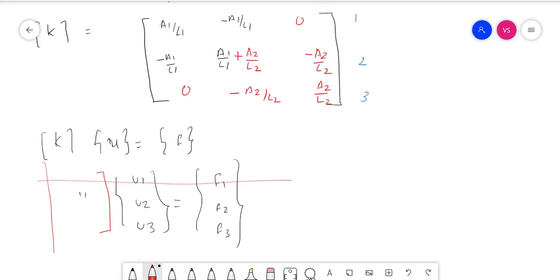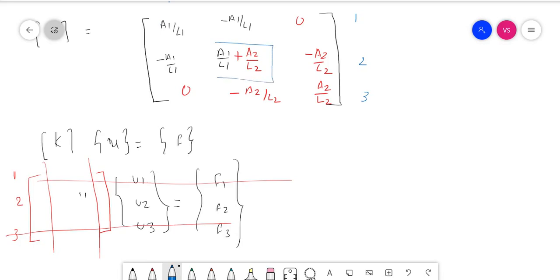Assume that K matrix is like this: this is the first row, this is the second row, and this is the third row. First row, first column will be removed, and third row, third column will also be removed. Then you will have only this term left.